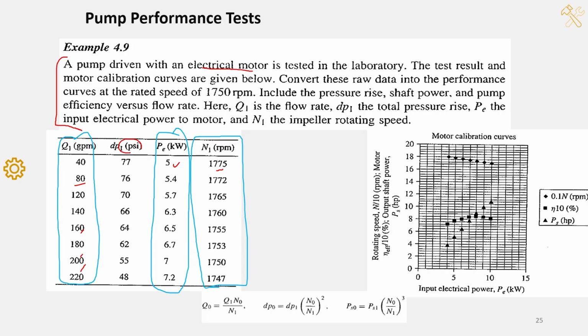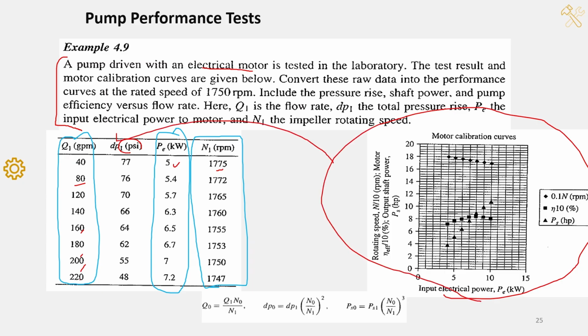So you have to understand this is the performance curve of this particular pump at this particular speed. But sometimes if this happens, you need to get this performance curve at some rated speed, because the speed here was fluctuating.